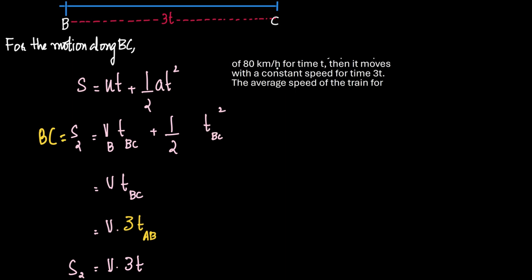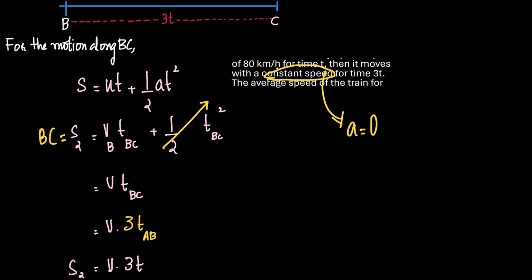Now it is given that this motion is at a constant speed, and when it is at a constant speed, acceleration is equal to 0. And when acceleration is equal to 0, this term will get eliminated, right? Now, what is vB? It was coming at 80 kilometer per hour, and then it moves with a constant speed, which means the speed is the same, which means v here would be equal to 80.